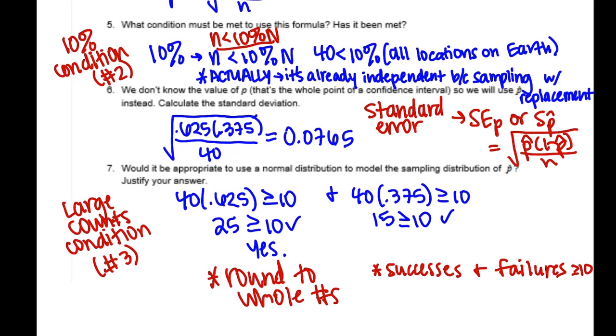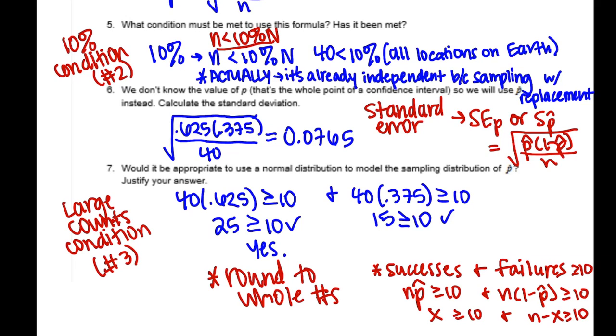So it's actually not n times p, but n times p hat and n times 1 minus p hat, which ends up being x and n minus x, which is our successes and failures. 25 people had their thumb on water, 15 didn't find water, and so those are our successes and failures.